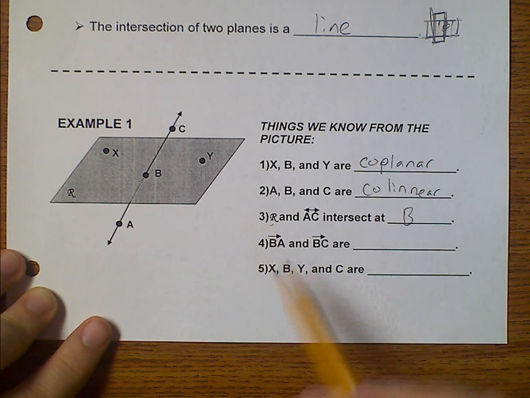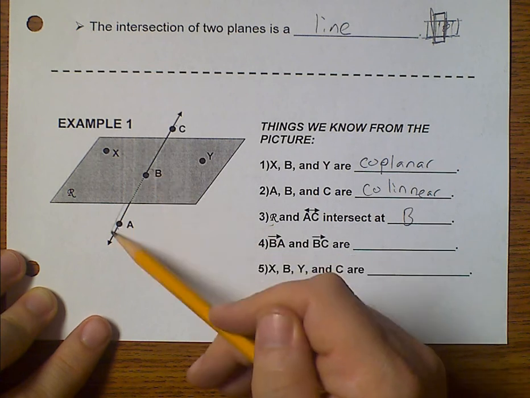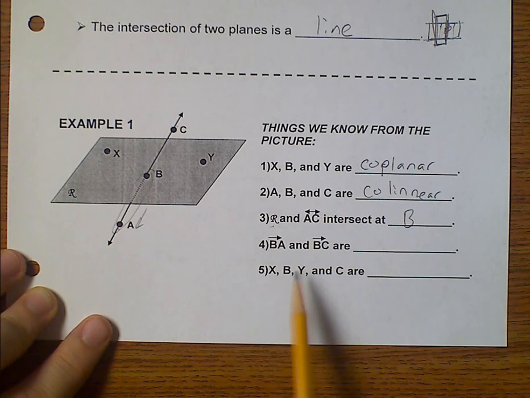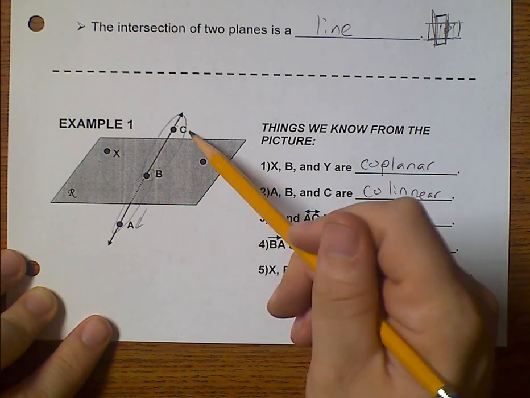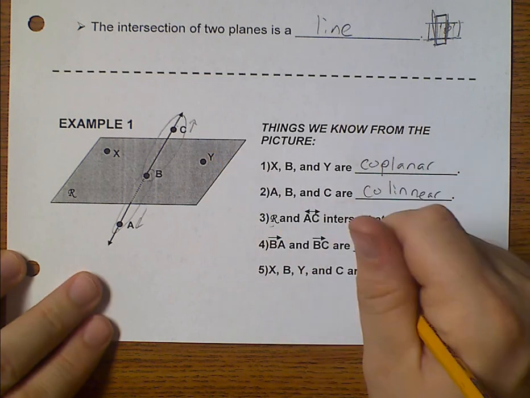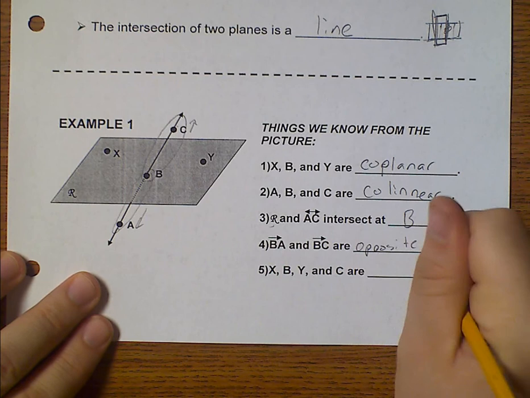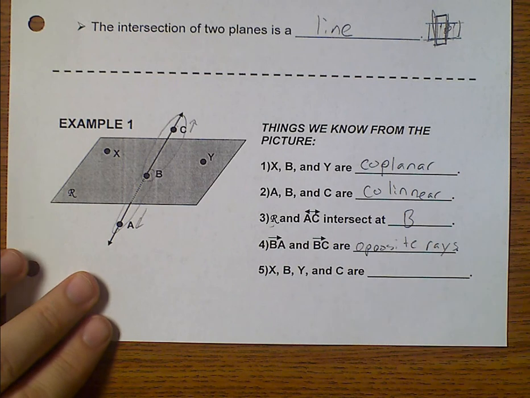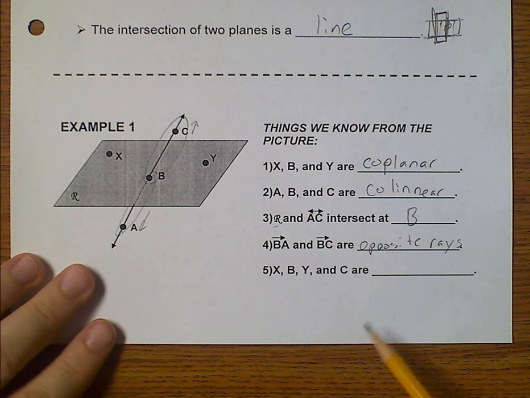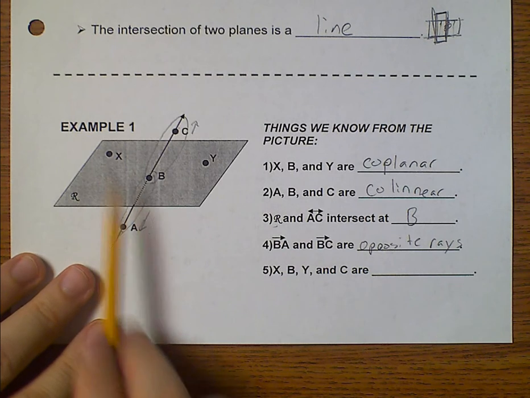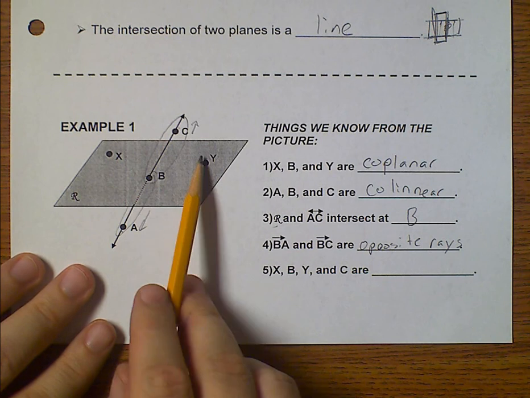Ray BA, that would be this one, going this way, and ray BC would be that one going this way. Those would be opposite rays, just taking the vocabulary term from the last set of notes. And then X, B, Y, and C. Well, these 3 are all on plane R. C is not.